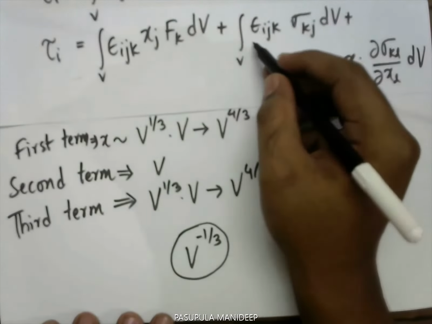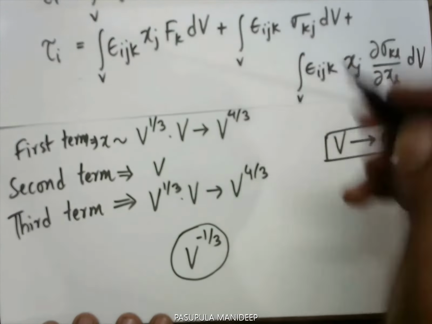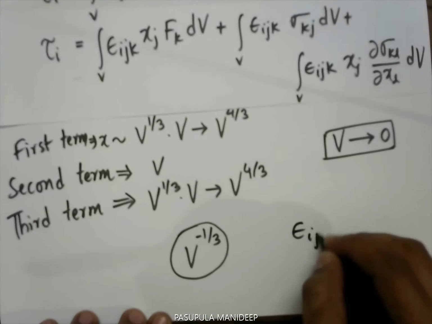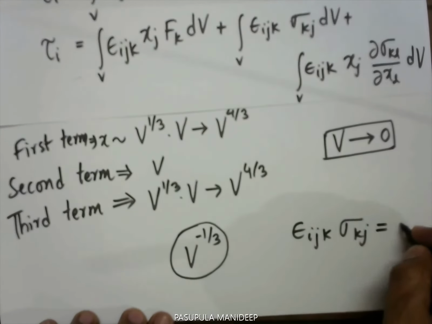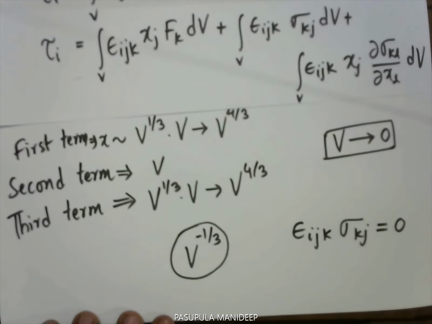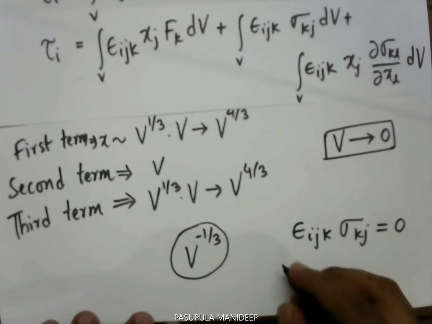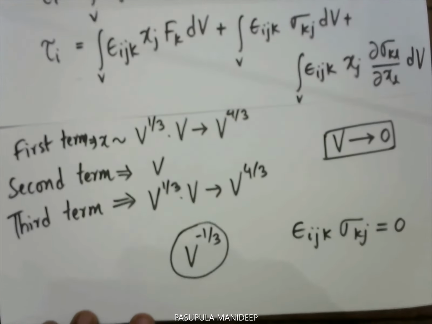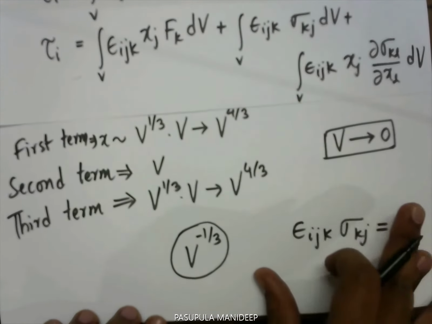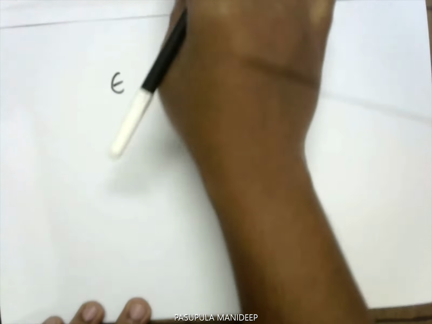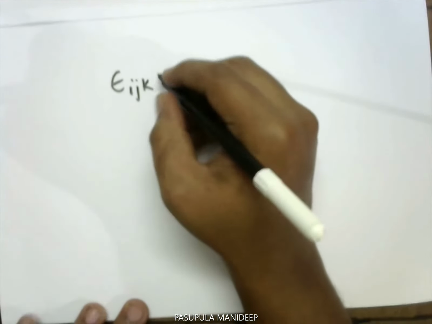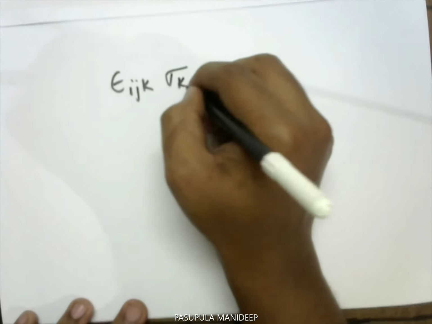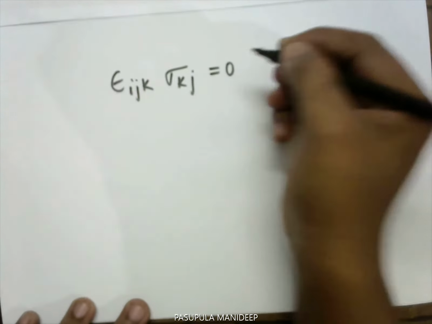So this term, the E ijk into sigma kj term, should be identically equal to 0, which is nothing but what we derived: E ijk into sigma kj should be equal to 0.